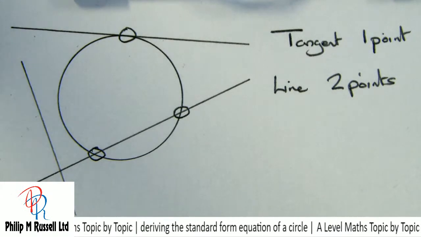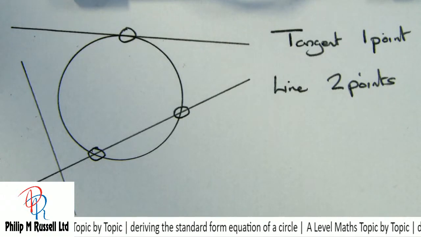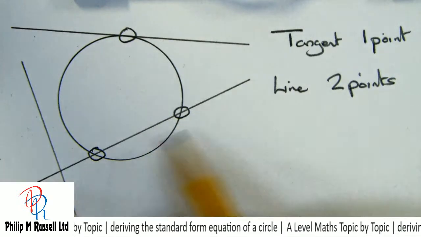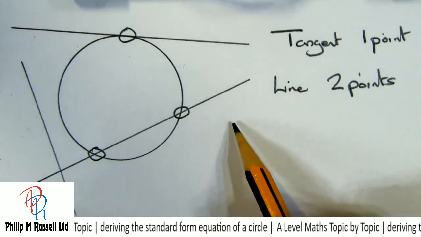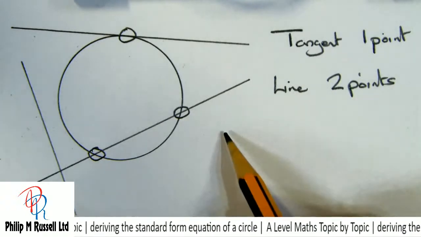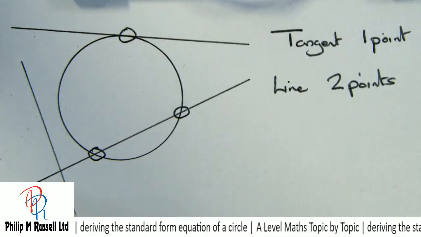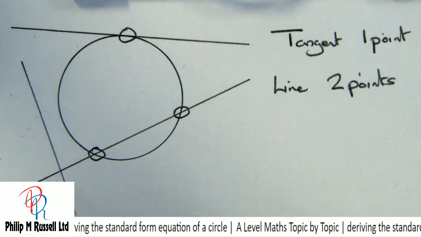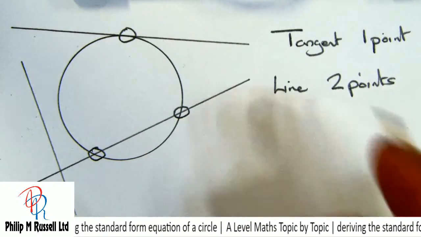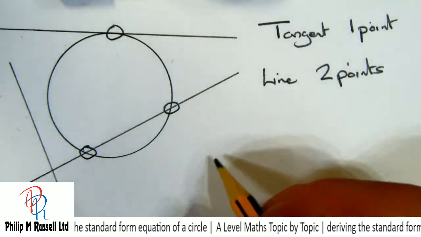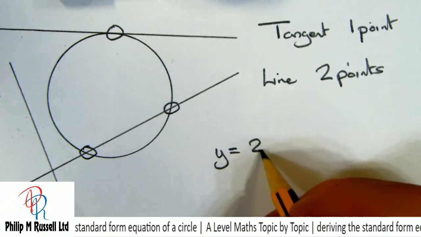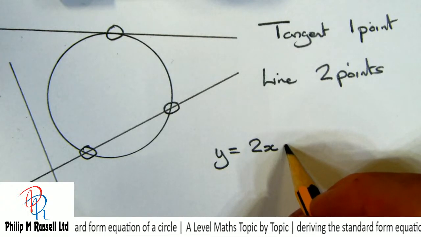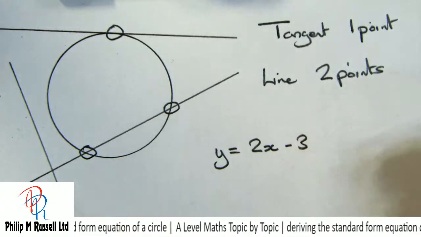So how do we go about working out where this line is? Let's imagine we've got a circle with an equation, and we have a line that meets it. We can choose an equation for this line, something like y equals 2x minus 3.